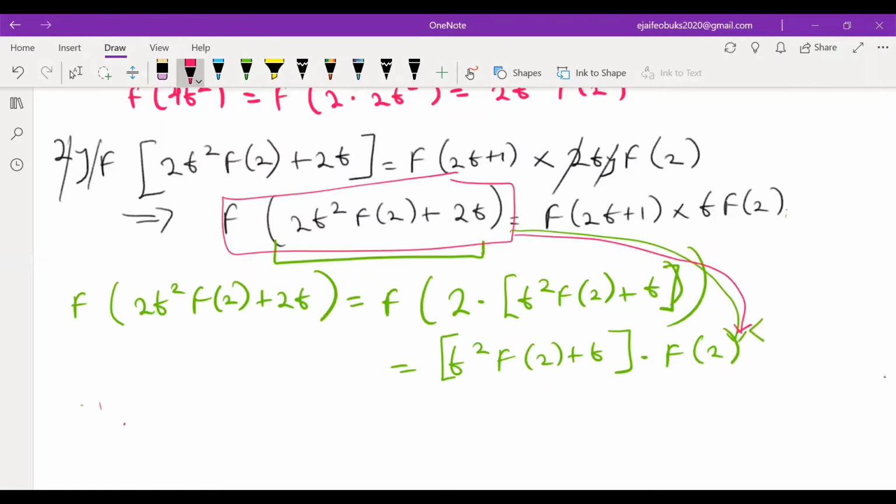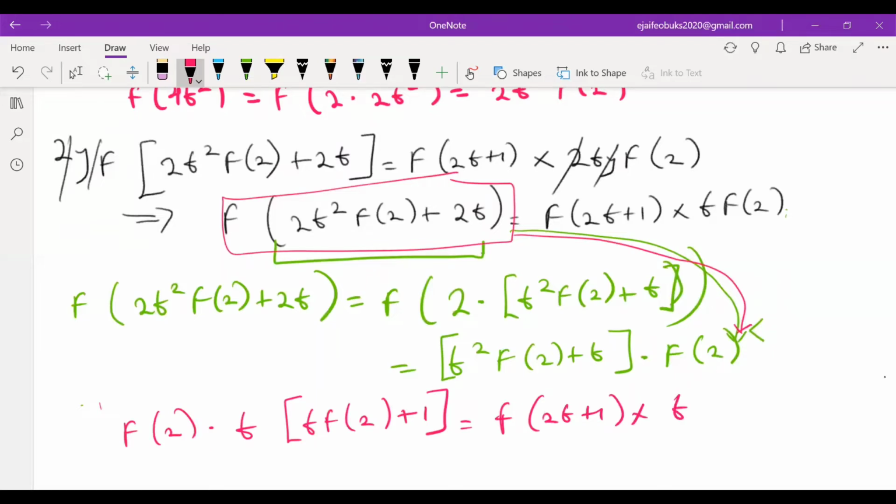So f of 2, I'm bringing out the common factor of t now. This will now be t f of 2 plus 1 is equal to f of 2t plus 1 times t f of 2. Once again, this cancels out. They are not zero. So f of 2t plus 1 equals t f of 2 plus 1.